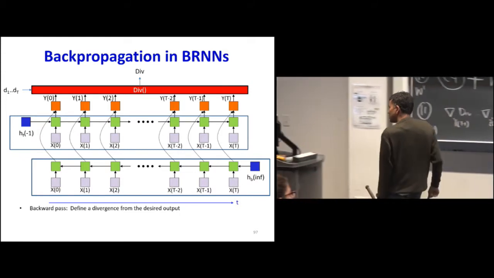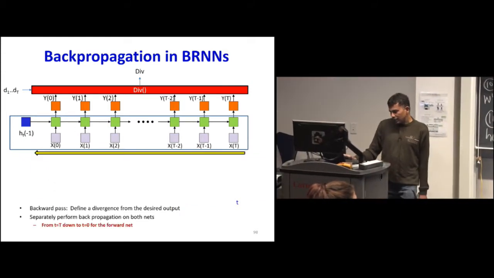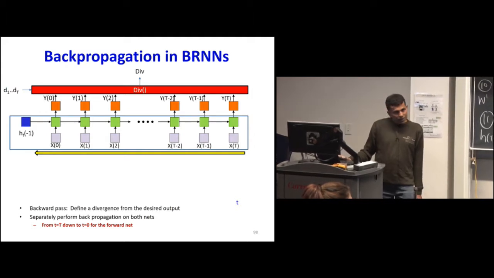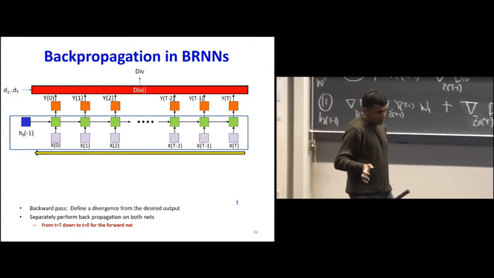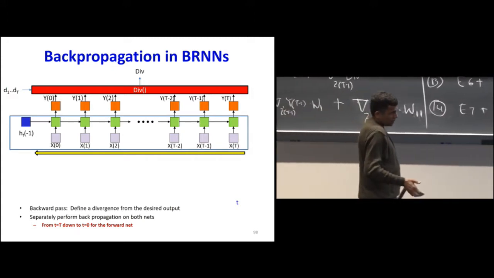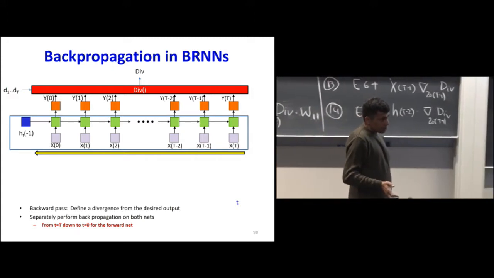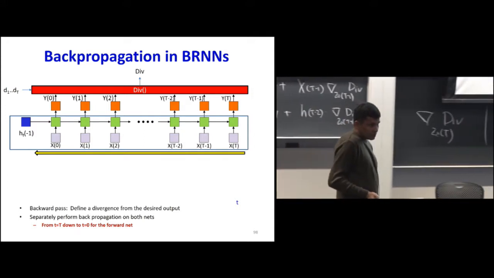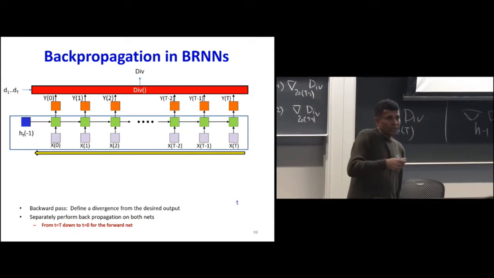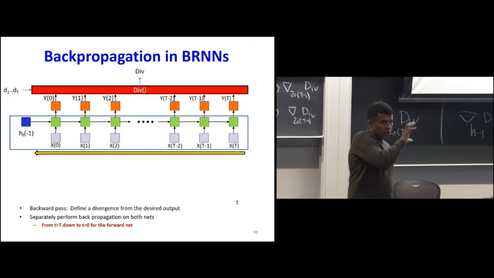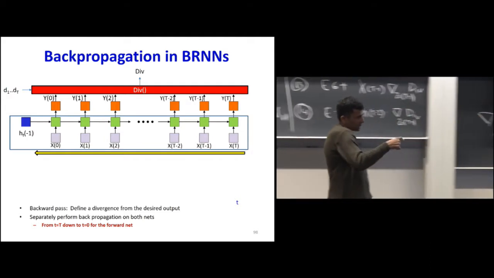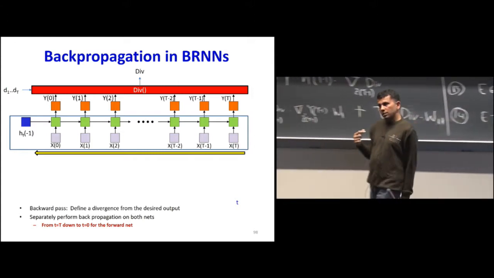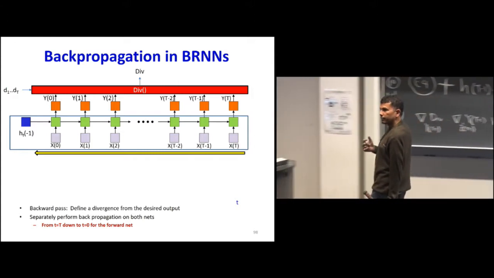And then in the backward pass, since the hidden states for the two networks are independently computed, and they're only connected through the output, you can look at the forward portion of the network and perform backpropagation and compute gradients for the entire forward network.